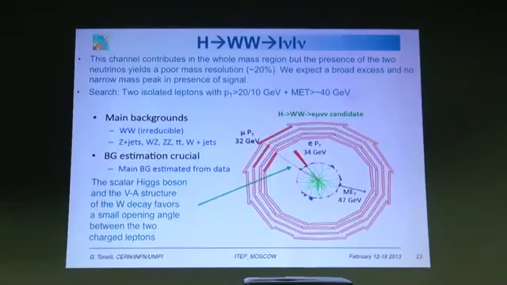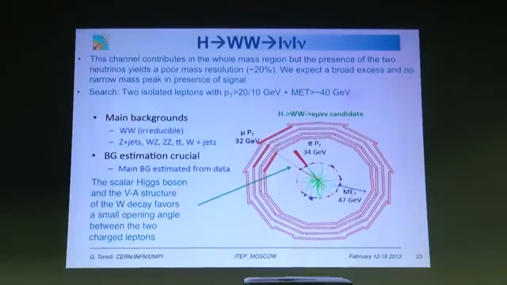For example, the opening angle between the two leptons should be small, because if those two leptons are produced by WW decay products of the Higgs, the two leptons are emitted in the same direction, while if they are produced by WW as a non-resonant background, those are produced at larger angle.